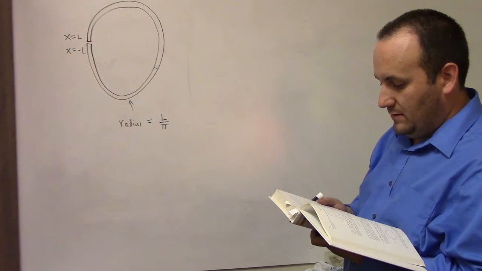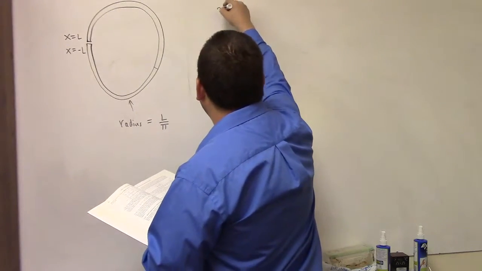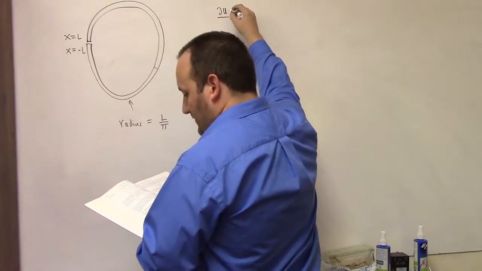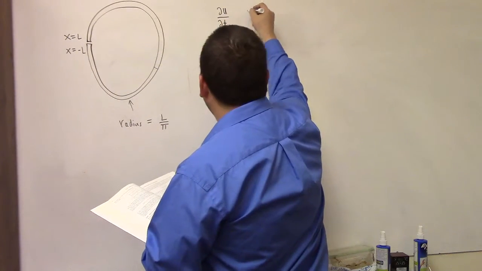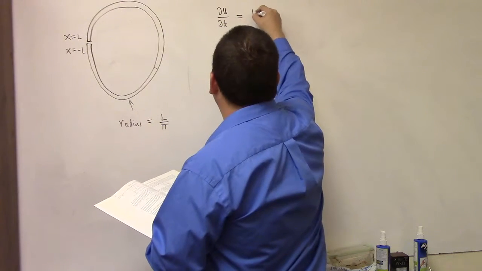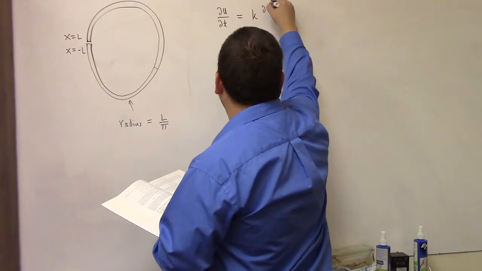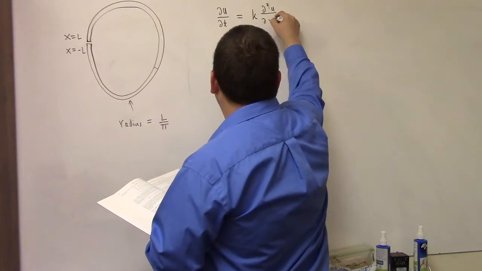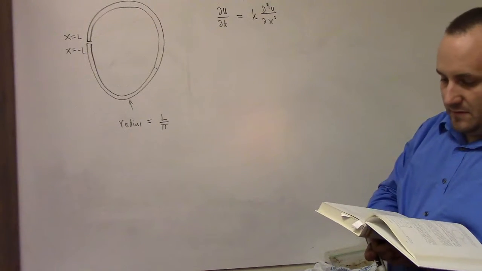And so the flow of heat along the wire, for the usual reasons I never have really explained, has to do with conservation of energy. Partial u partial t is equal to k partial squared u partial x squared. This is just the heat equation I'm writing down, right? So that's how the local flow works.